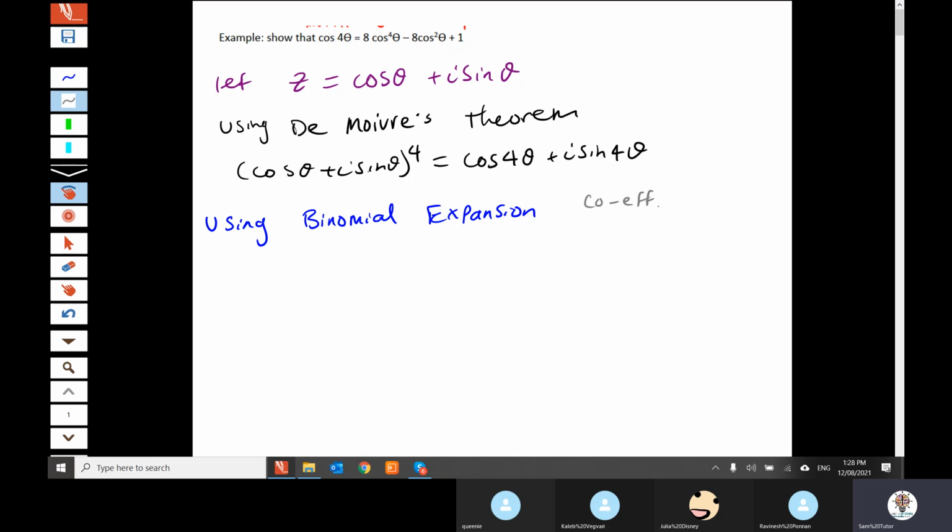So if it was power of 4, the way we find our coefficients is quite simple. You want to do 4 and then the choose button on your calculator. That's shift divide and then 0. Press equals, we should get 1. Is that correct?